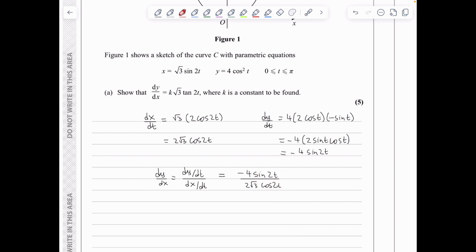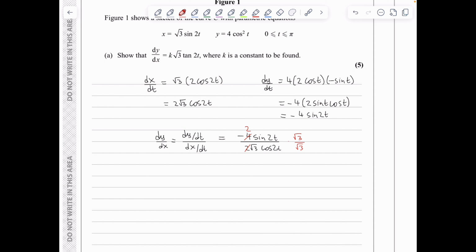We also have simplification of the 4 with the 2, leaving me a 2 here. I will then multiply top and bottom by root 3 in order to get the root 3 in the numerator. I'm trying to rationalize the denominator. So we get minus 2 root 3 over 3. The 3 in the denominator is coming from root 3 times root 3, times tan of 2t.